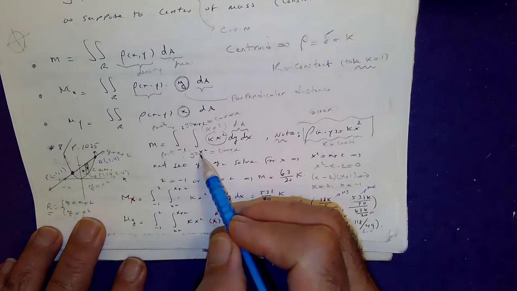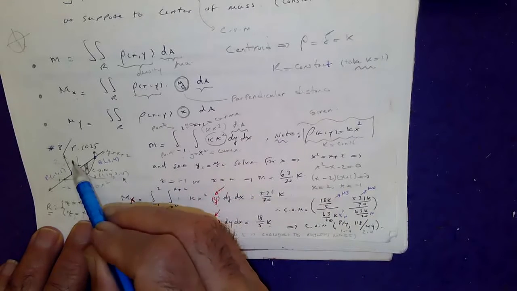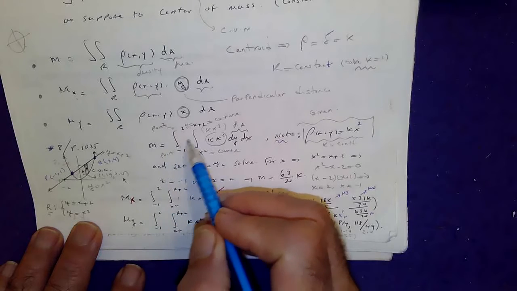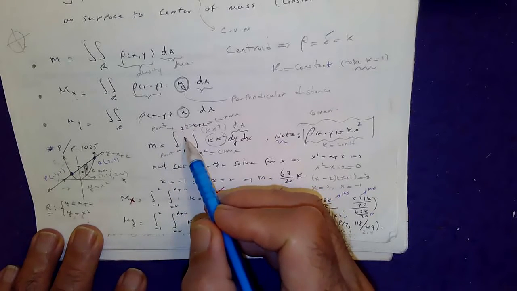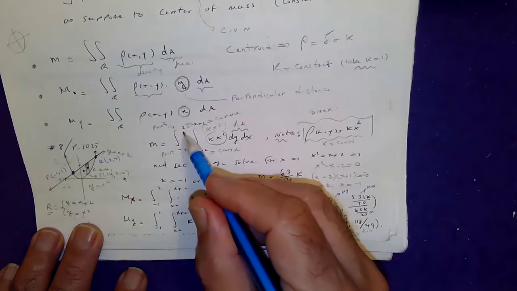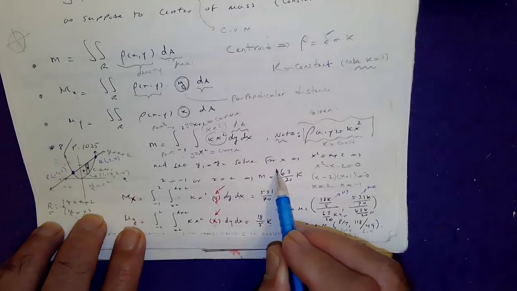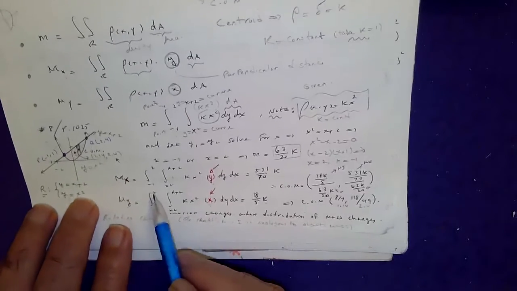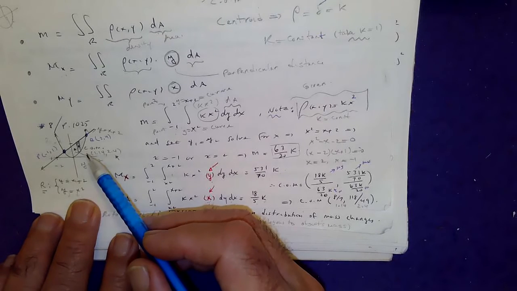And for limits for x, I have to find the point of intersections of the line and the parabola, which happens to be -1 to 2. So you go from curve to curve, point to point. Anyways, when you do it, you get 63 over 20k. Now it's time to find the moments, the amount of force which would resist.